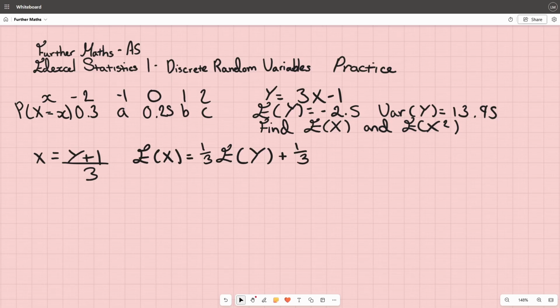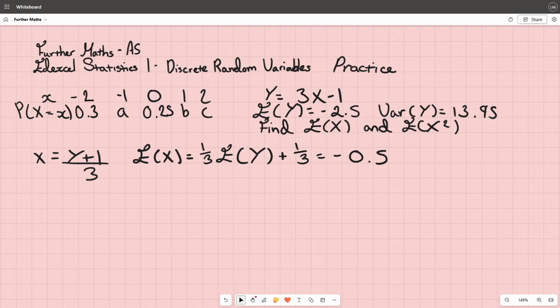And so we know the expected value of y is minus 2.5. So it's 1/3 of minus 2.5 plus 1/3, which is equal to minus 0.5. And so that's the expected value of x.